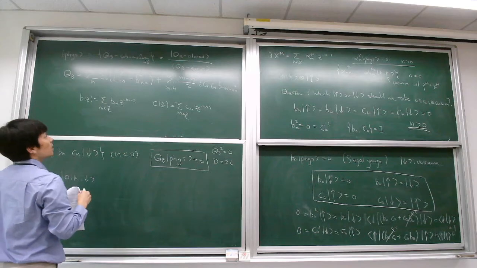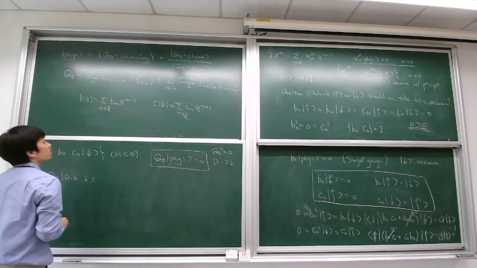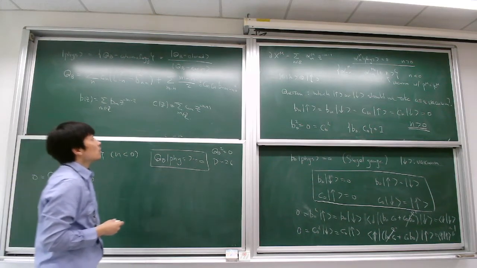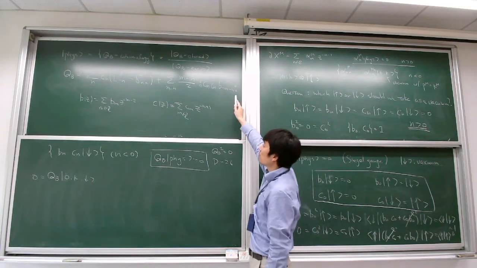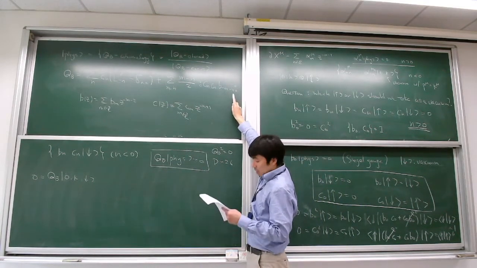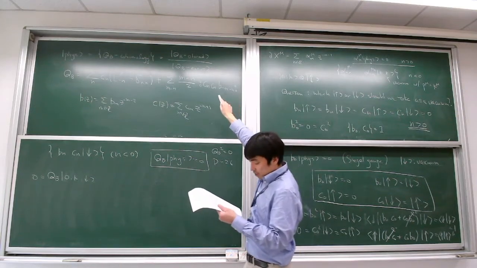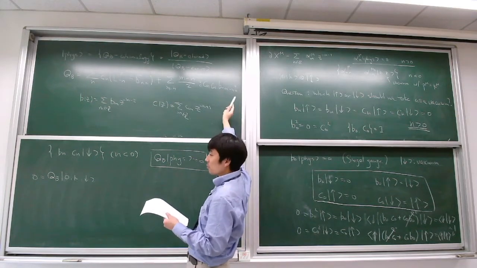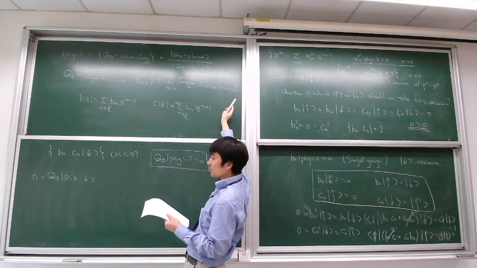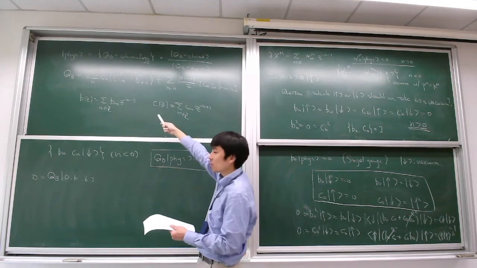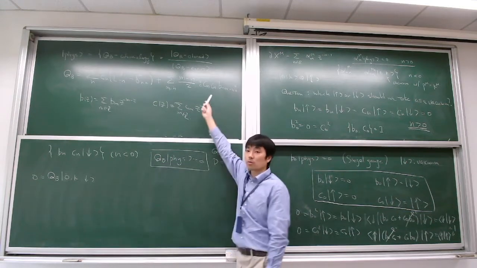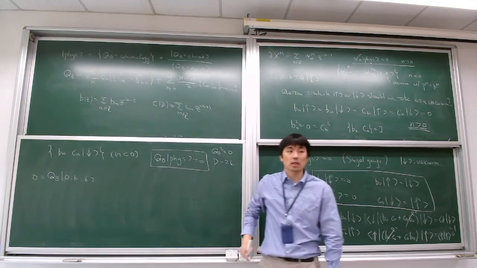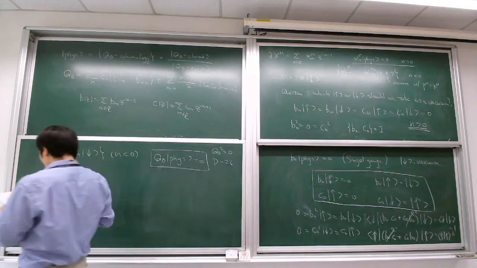It turns out that this is normal ordering. Usually with normal ordering we just bring creation operators to the left and annihilation operators to the right, so this normal ordering will annihilate the state in the vacuum.